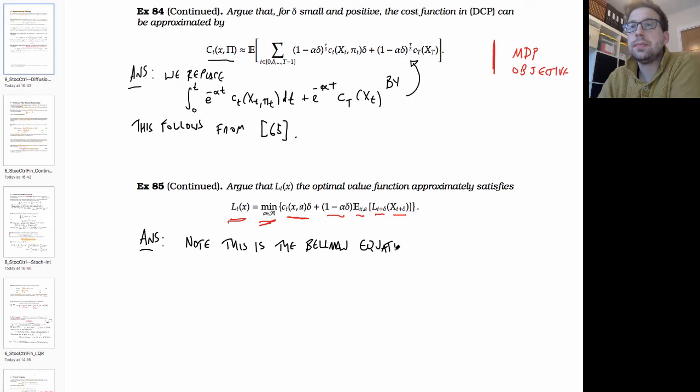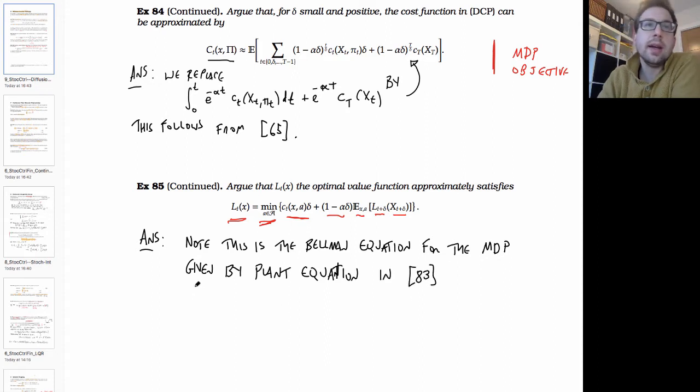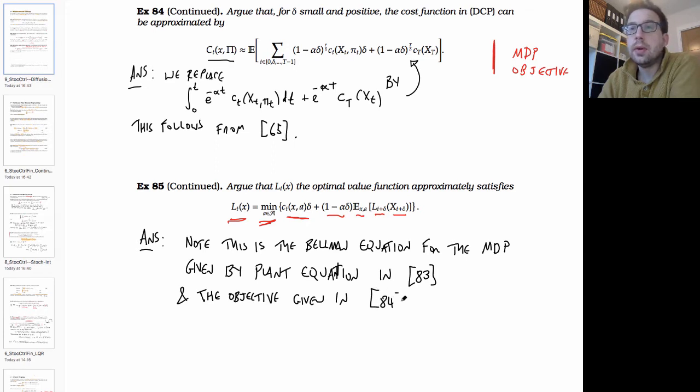So in other words, the answer to this is that this is the Bellman equation for the Markov decision process given by the plant equation in exercise 83 and the value function and the objective given in 84.